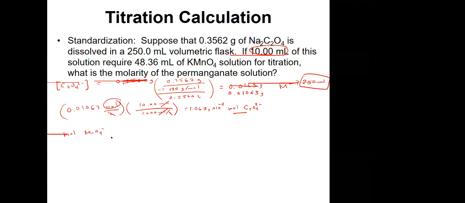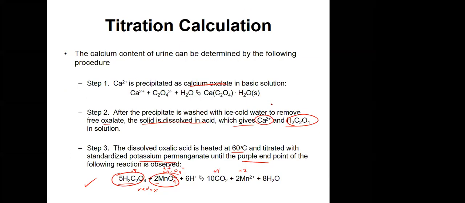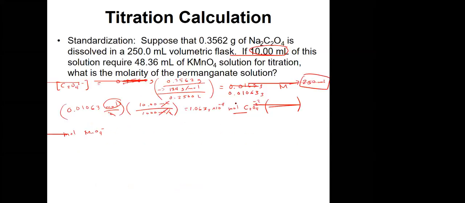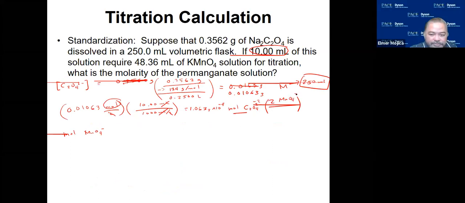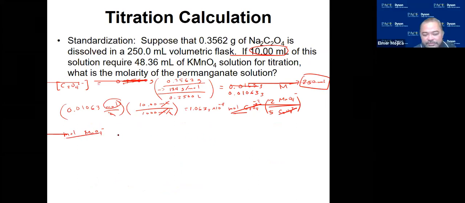You multiply it by the coefficients. The coefficient of permanganate would be on the top, so you have here 2 MnO4 minus and 5 oxalate. And you have there the moles of the permanganate.